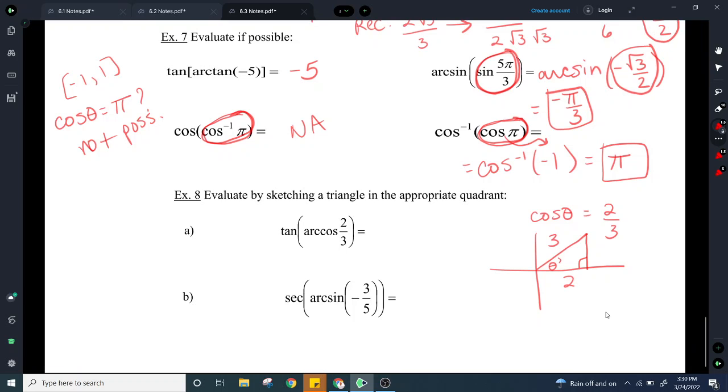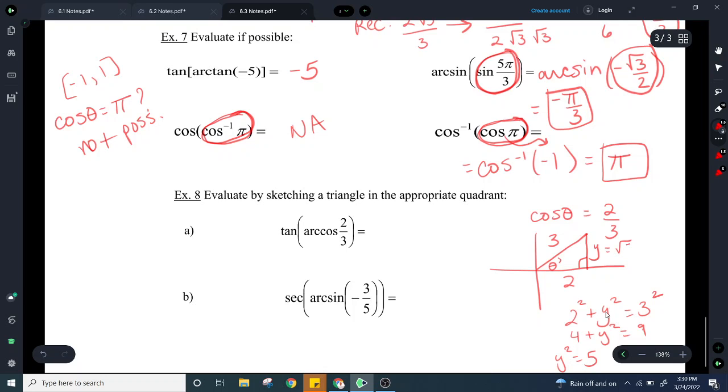So we're going to figure out the opposite side using Pythagorean theorem. So 2 squared plus, we'll call this y squared equals 3 squared. So 4 plus y squared, of course, equals 9. Y squared equals 5, which means this has to be the square root of 5. So now that you have your triangle labeled, what I want you to remember is this is an angle, right?